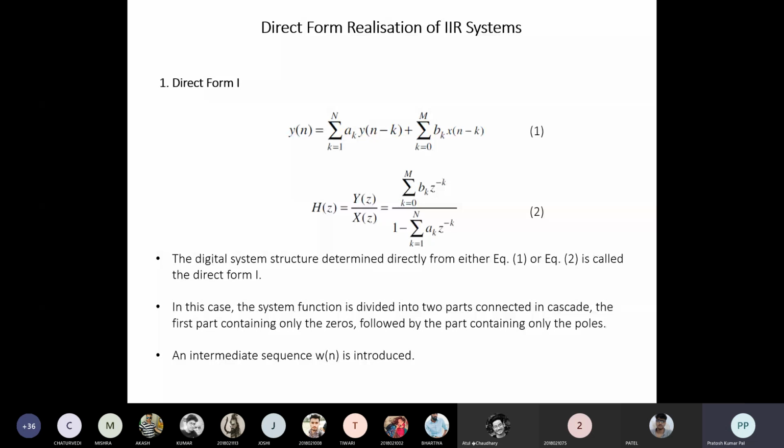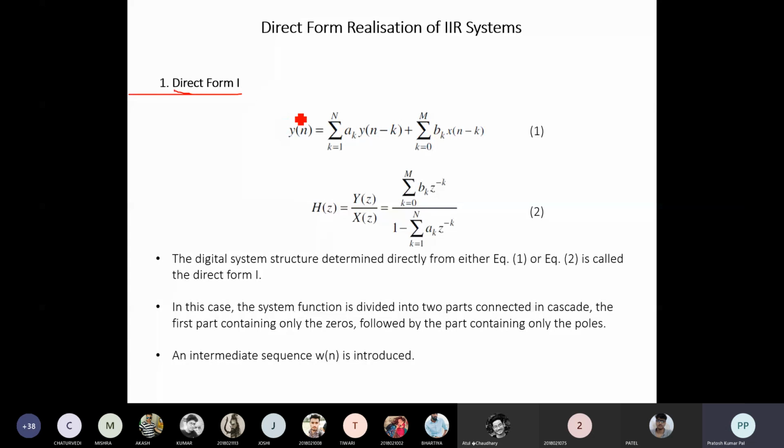Minimum number of resources means we will be requiring the minimum number of adders, multipliers and delay elements. Okay, so there are different forms or different representations. One of them is direct form. In direct form it is of two types, that is direct form 1 and direct form 2. Okay, so we will see one by one what is direct form 1 and what is direct form 2.